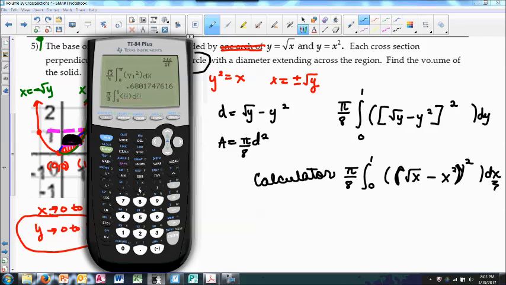I need another parentheses, and then the square root of x minus x squared. Make sure you don't accidentally put everything under the radical. And then I have to close that f minus g quantity squared, and then dx. Now if you prefer to use the letter y, you can use y the entire time. You'll have to use the alpha button to get the variable y, which is above number 1. That's not the same as your y1 function.